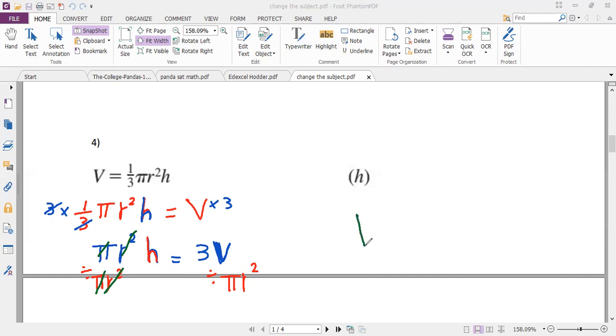You will get at the end H alone equals 3V over pi R squared. That's it. Now H is the subject.